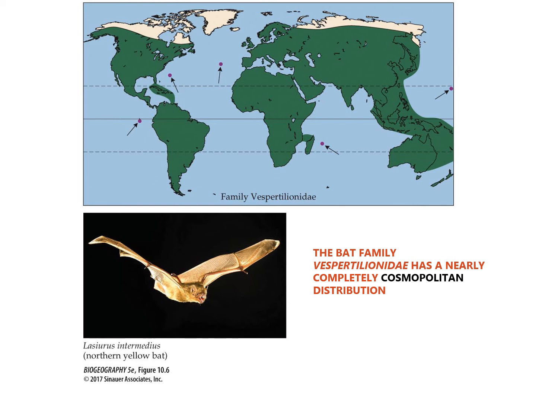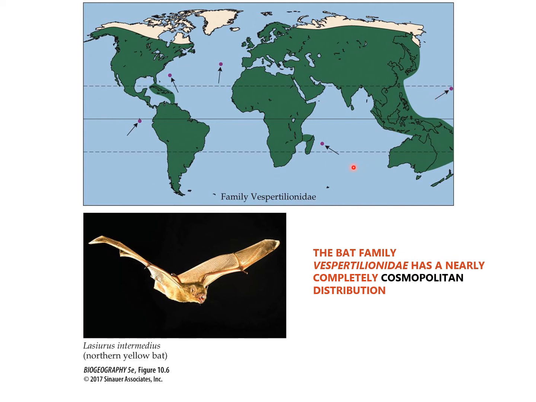Sort of the opposite end of this would be an example of cosmopolitan, and there's not a whole lot of species that are really purely cosmopolitan. Here we're not even looking at a species, we're looking at the bat family, and I'm not going to try to pronounce that one. I mess it up every time. But it has an almost completely cosmopolitan distribution in the sense that it's almost found everywhere.